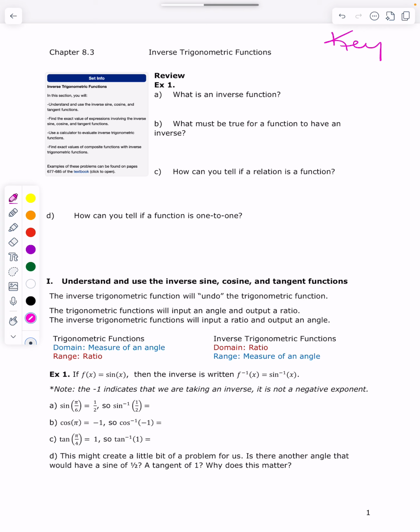An inverse function takes in y and returns x. Okay, the x and y we're talking about is in our original function.